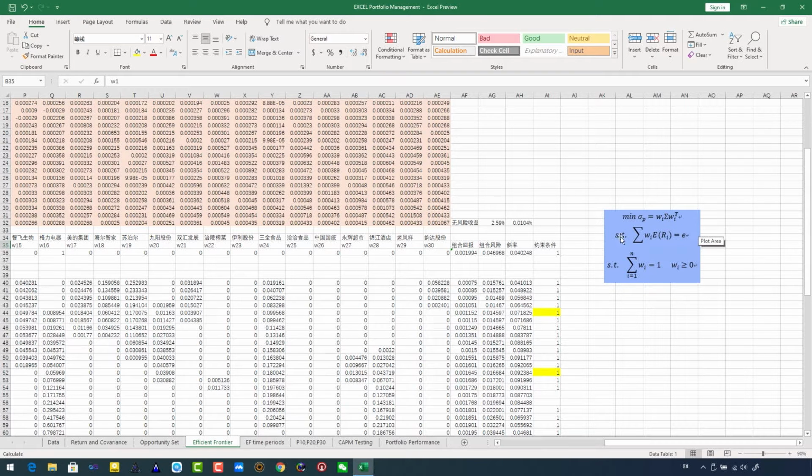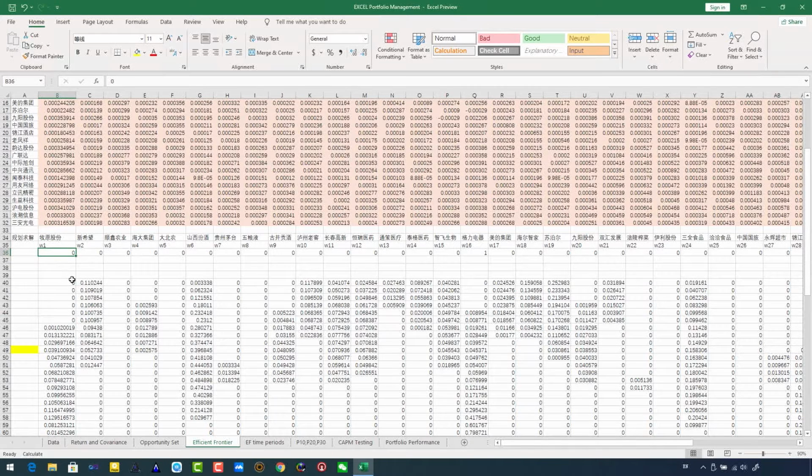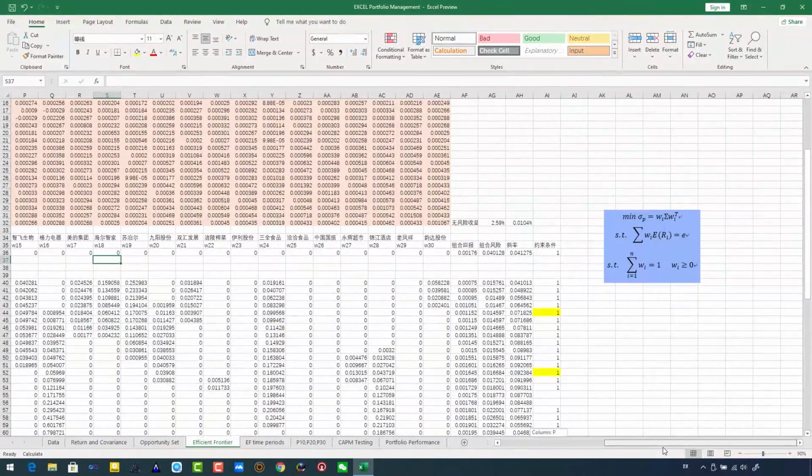We can give one expected return, and we will have the smallest portfolio risk. So the first step, you can give 1 to W1 and 0 to all the others. So we have all these weights set up by yourself.